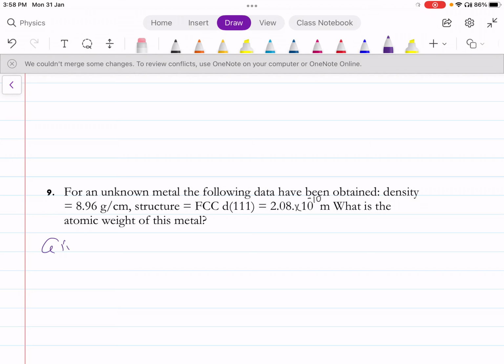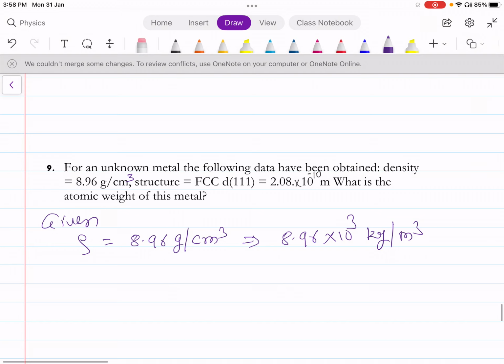Density is given, which is 8.96 gram per centimeter cube, which is equal to 8.96 into 10 to power 3 kg per meter cube. The structure is given, so the structure is FCC.